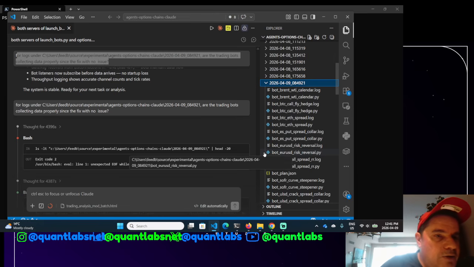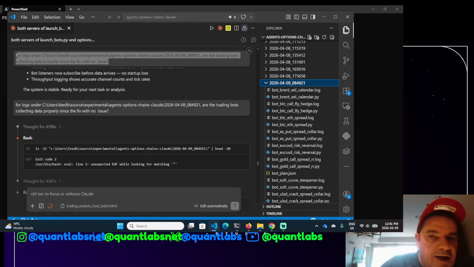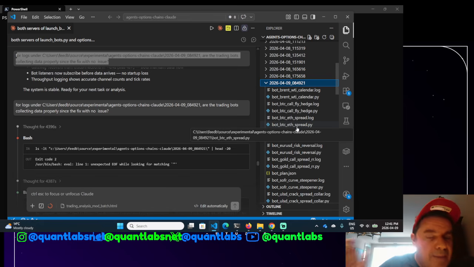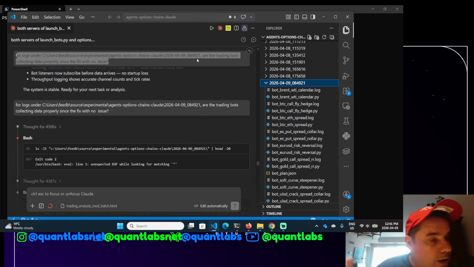Okay. So what we got here is we've got simple interaction on these logs right here. A log for each bot that gets dynamically generated, not hand coded, dynamically generated. Again, I'll talk about that in a minute. So I can now just chat with Claude, depending upon the model as I showed you, and then just ask, it'll scan the logs, making sure there's no messages of things like no data connection, blah, blah, blah, in the logs.